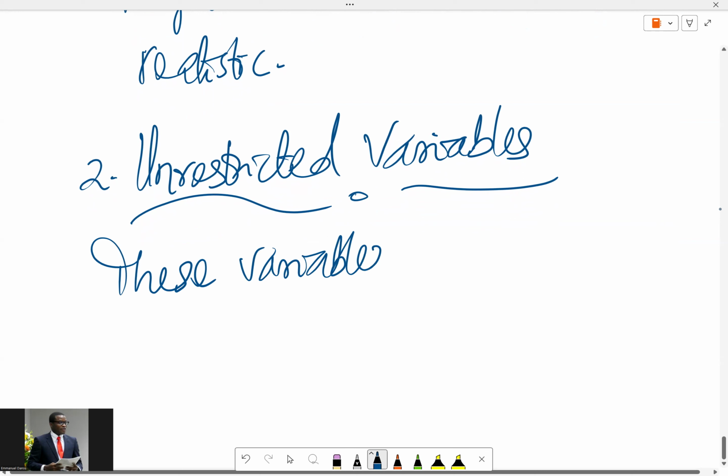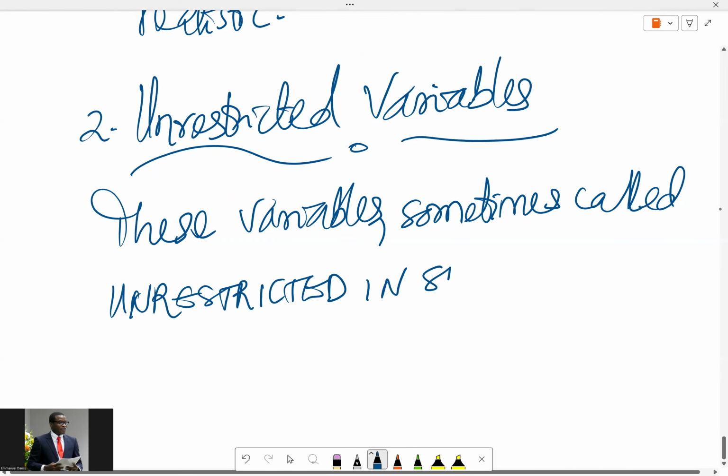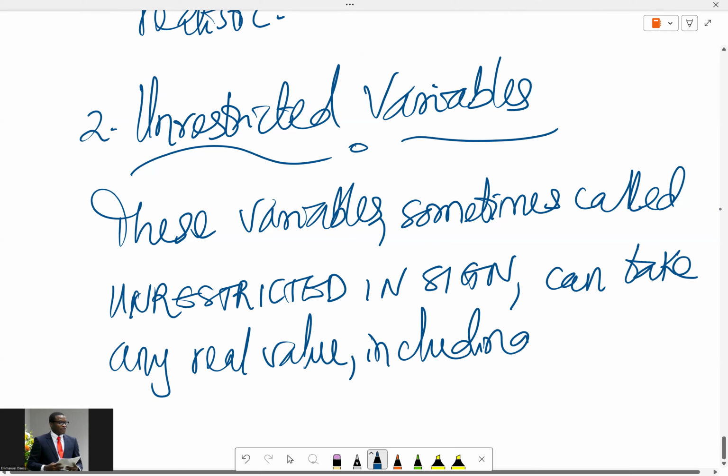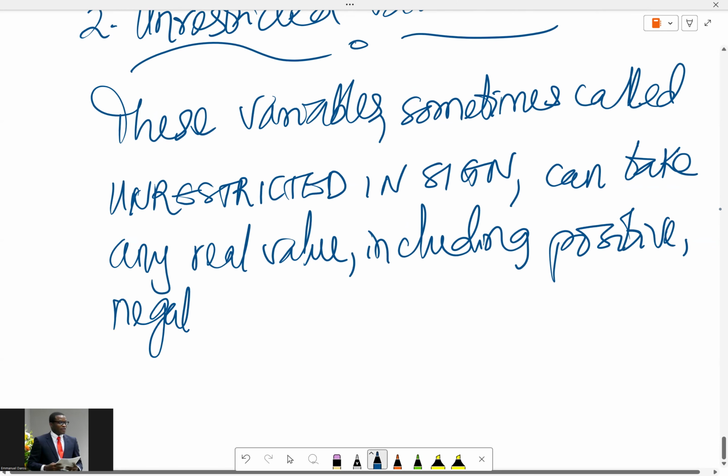These variables, sometimes called unrestricted in sign, can take any real value, including positive, negative, or zero.